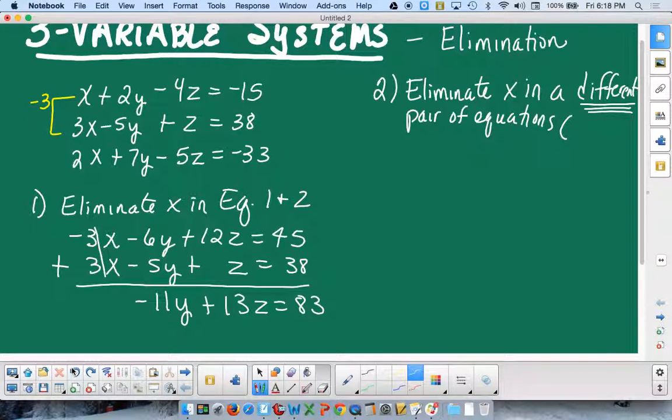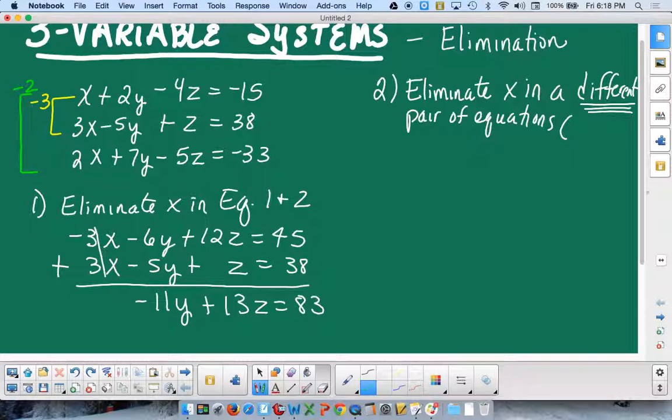So if I'm going to put 1 and 3 together, I'm looking at this going, okay, what do I need to do to eliminate the x's using 1 and 3? Well, I'm going to need to multiply the top equation by -2.